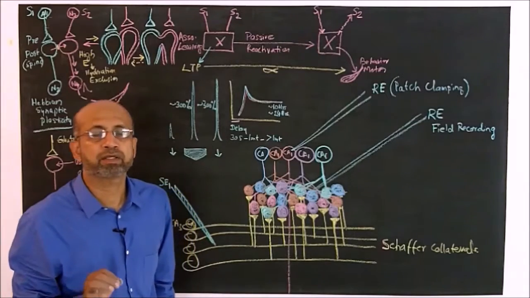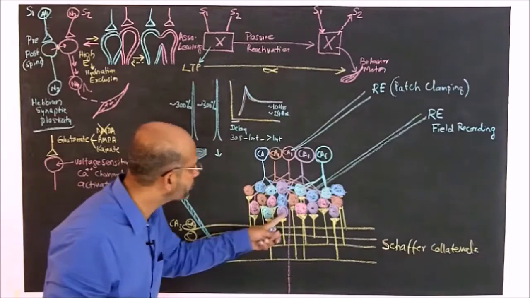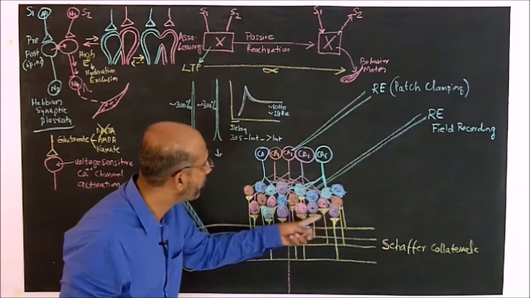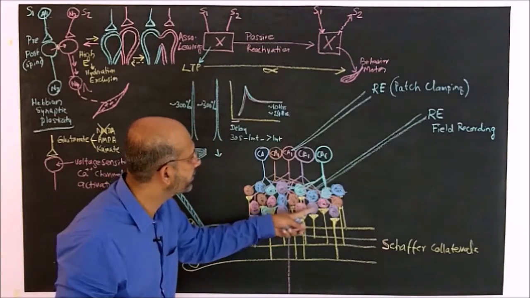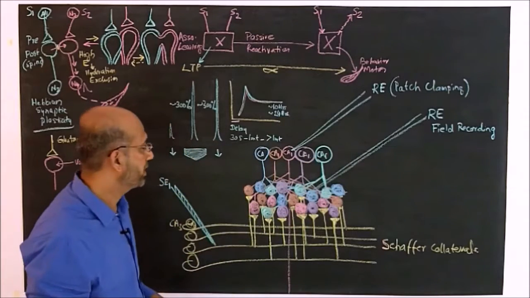Now, based on the semblance hypothesis, a very large number of interpostsynaptic functional links are formed between the dendritic spines that belong to different CA1 neurons.